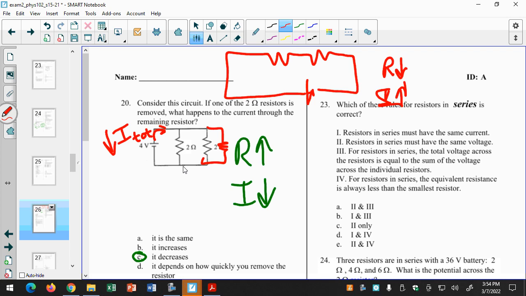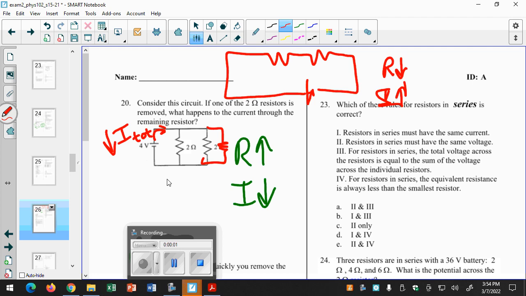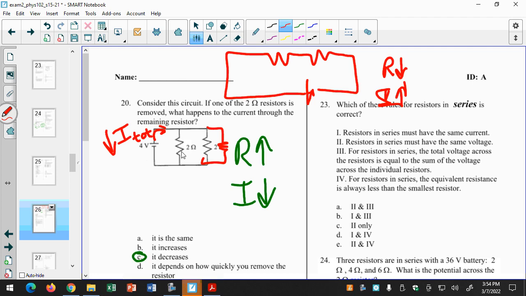Yeah, maybe? Okay, I have one question. If I add a resistor in parallel, the equivalent resistance goes down. The total current goes up, right?